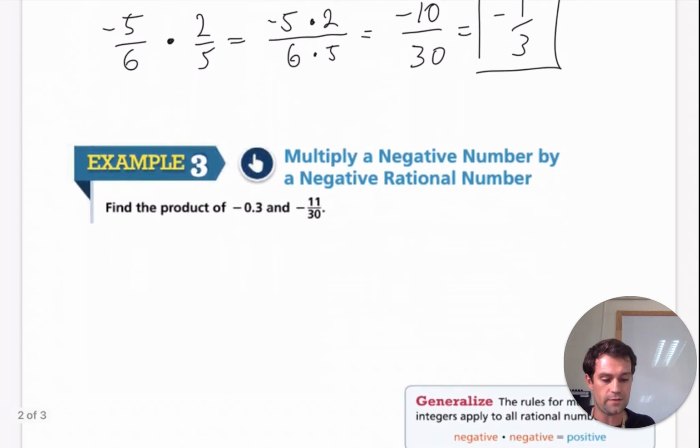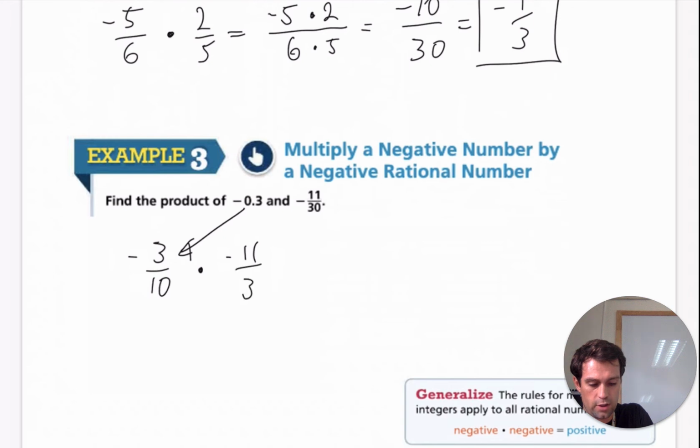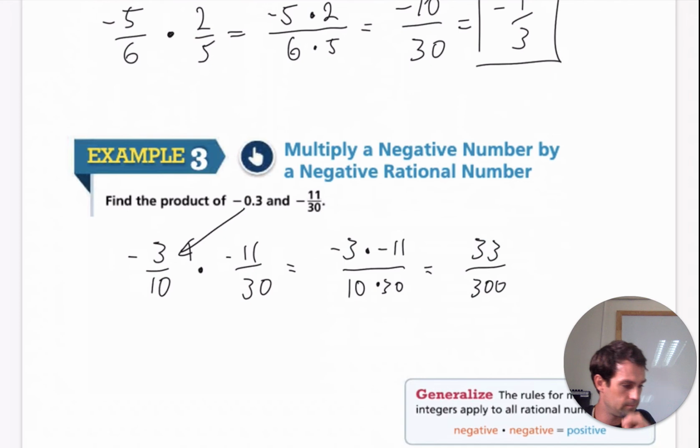All right, multiply a negative number by a negative rational number. So we have 2 strategies here. We could convert this to a fraction, negative 3 over 10 times negative 11 over 30, which will be negative 3 times negative 11 over 10 times 30, which is 33 over 300.